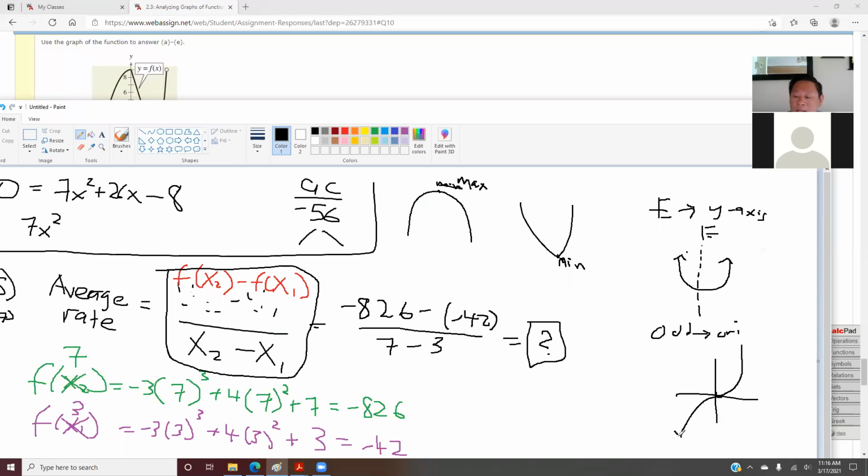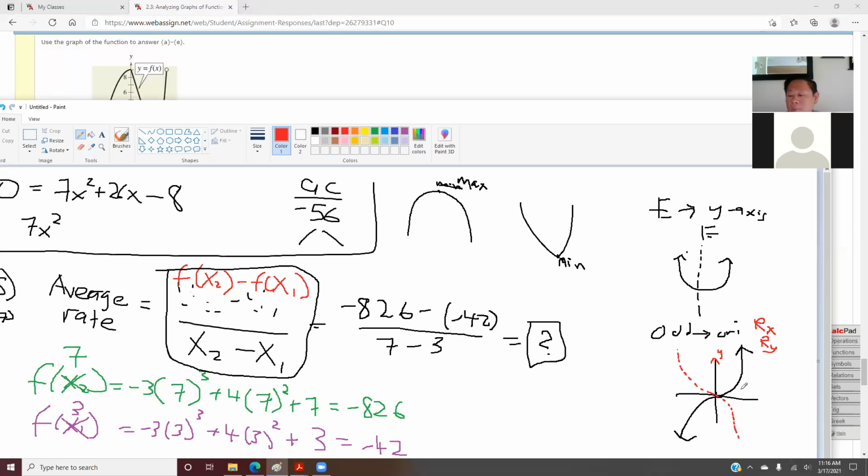So when you have a graph that is symmetrical with the origin, it means that if you perform reflections on the X and the Y-axis, you will get back the same graph. So if you take this line and reflect this on the Y-axis, it will look something like this.